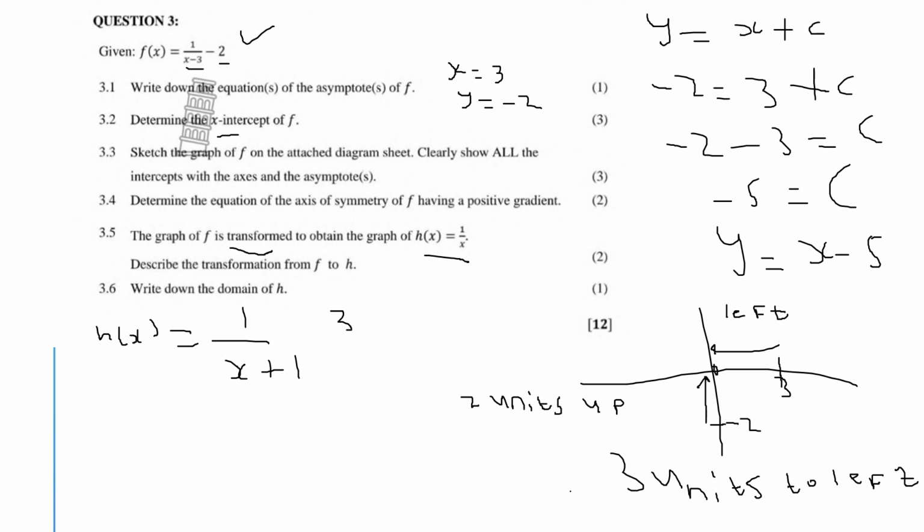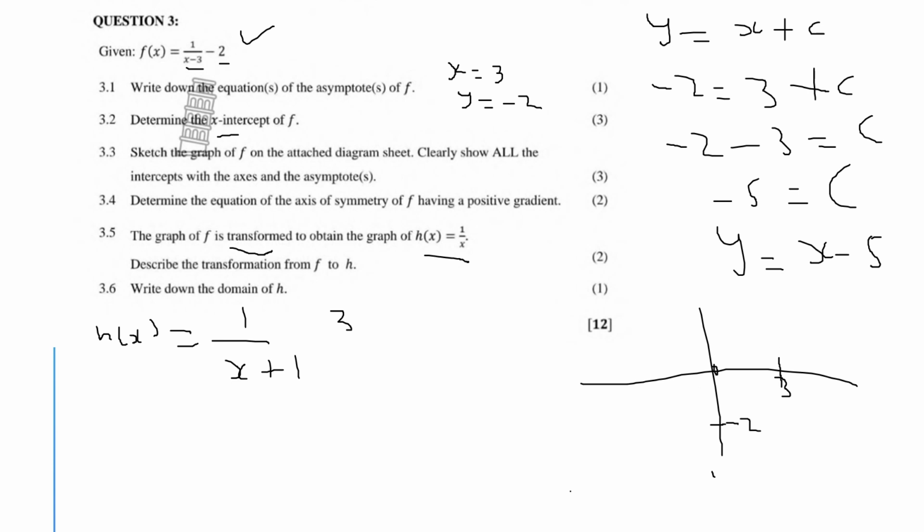So again, remember, let me use the same graph that I use. Okay, we know before on x, we were at 3, ne? Now we know if it's x plus 1 there, the new asymptote will be -1, ne?